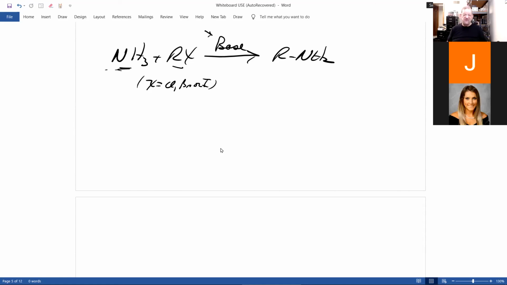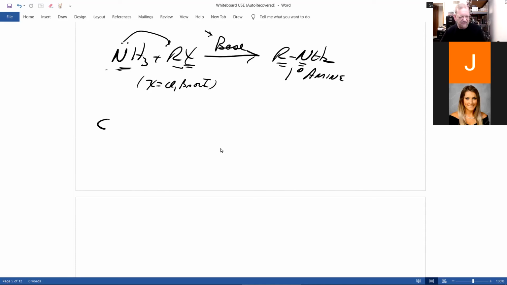That's why you put some base to neutralize that acid. The base can be sodium bicarbonate, sodium carbonate, things like that, others too. And what you get is a primary amine. The nitrogen attacks the carbon that has the halogen, and the nitrogen will be bound to the carbon in R that has the halogen.